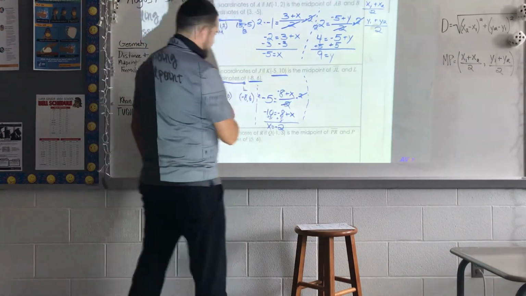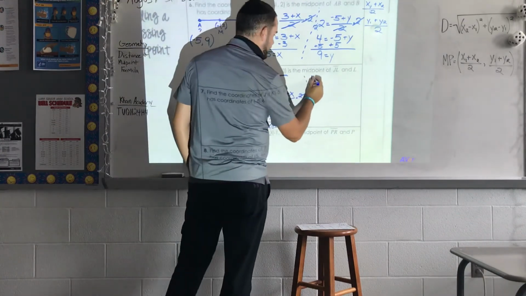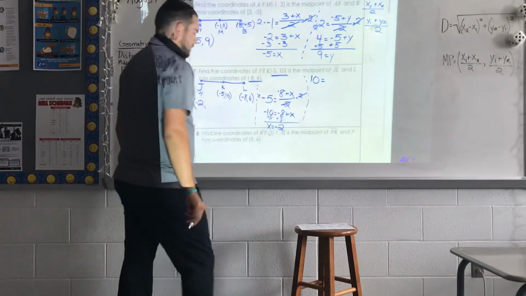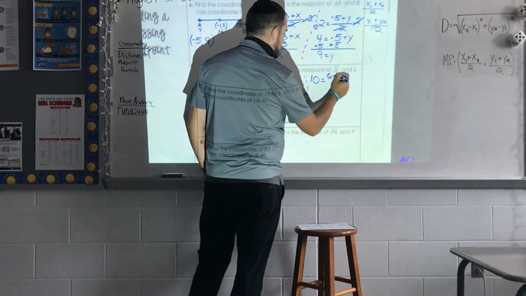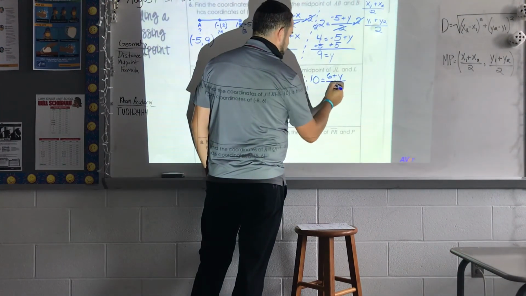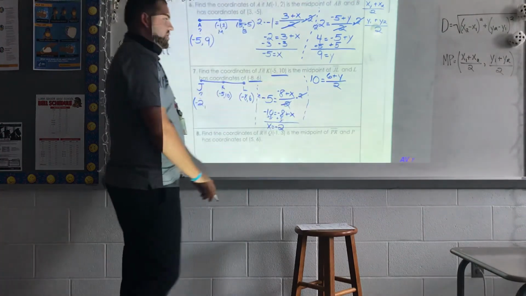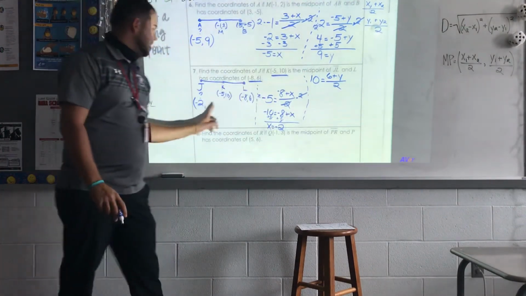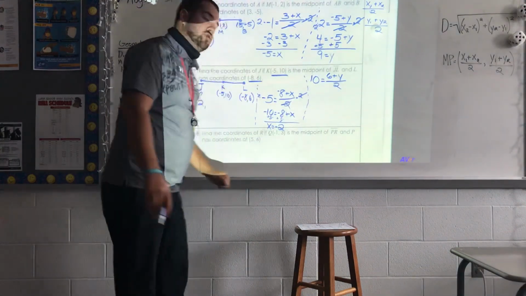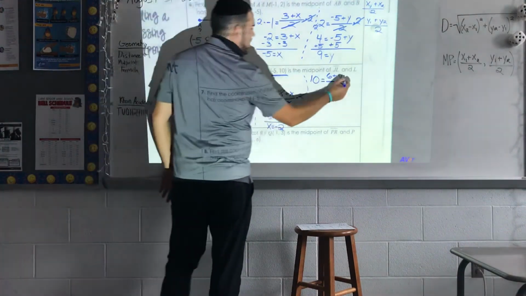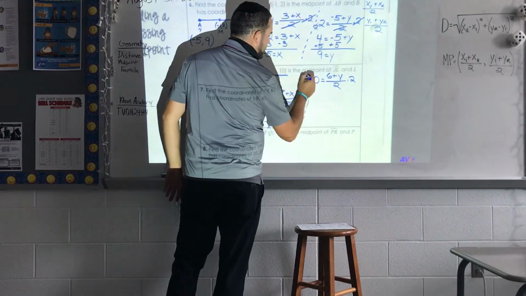So our y value is 10. Our y value that we know is 6. So that's our equation. The y, because we don't know the y, and the 2, because our equation tells us that we divide that by 2 to find the midpoint. So we're going to multiply by 2.